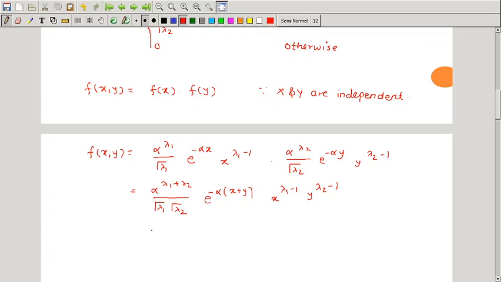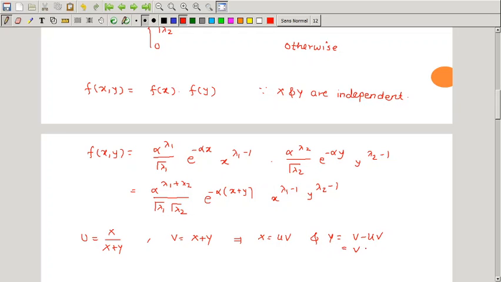So here we have given that U is equal to X upon X plus Y, and we assume that V is equal to X plus Y. So that means X is equal to U into V, and Y is equal to V minus UV.